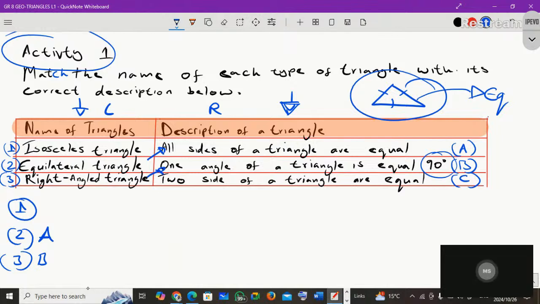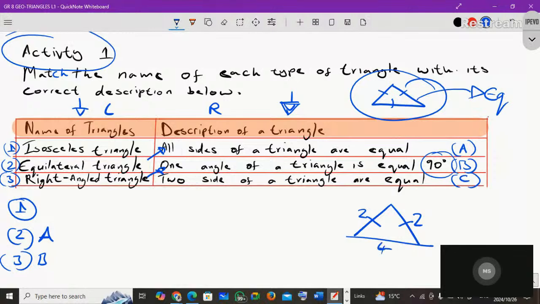Okay. Then lastly, we have: two sides of a triangle are equal. So I hope you will remember this one also. When two sides of a triangle are equal, this side and this side are equal. Let's say maybe this side is 2 and this side is 2 and this side is 4 units.